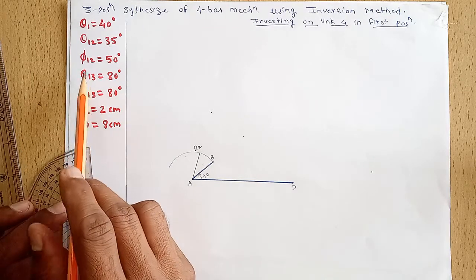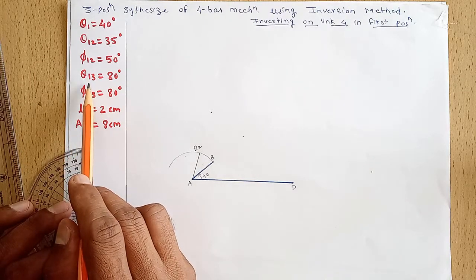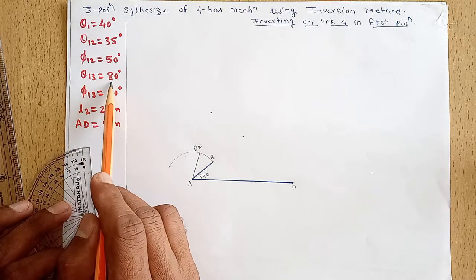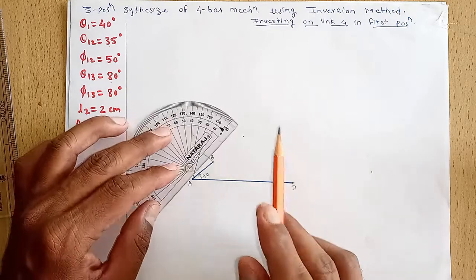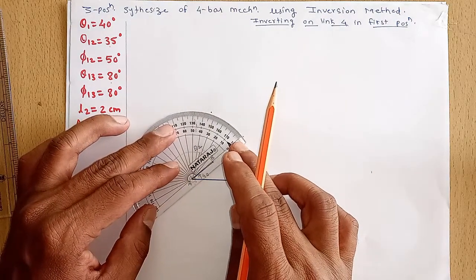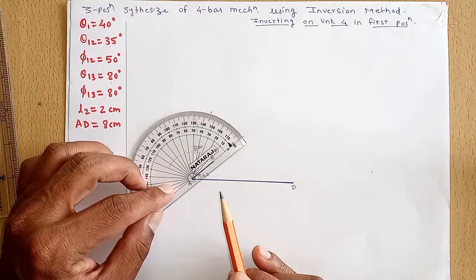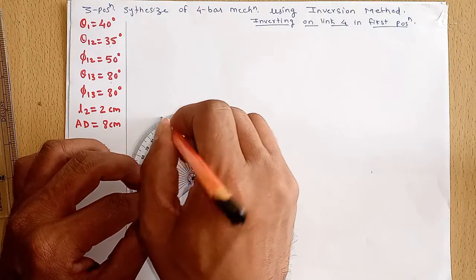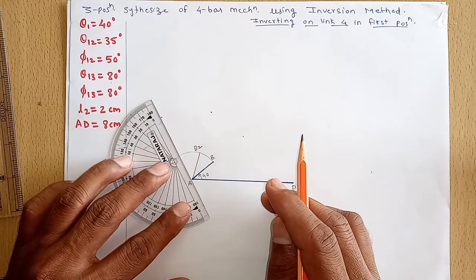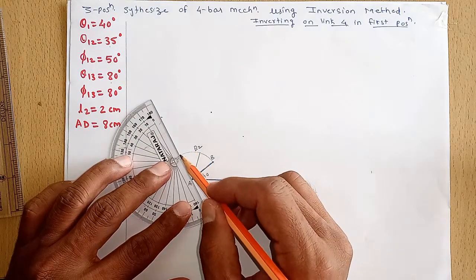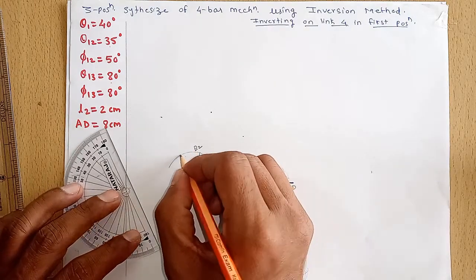Now we will draw the crank in third position. The angle between the first and third position is 80 degrees for the crank. So from the first position it is 80 degrees. So this is the third position of the crank. I will name it as AB3.